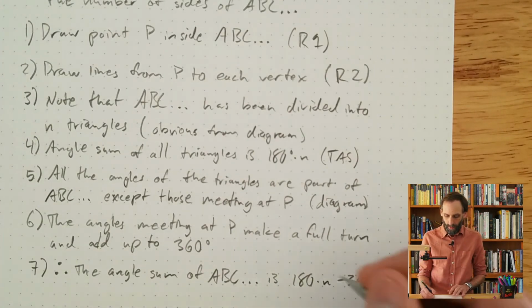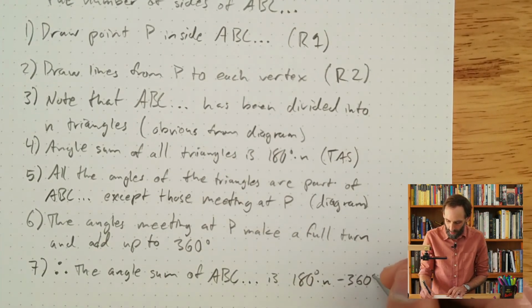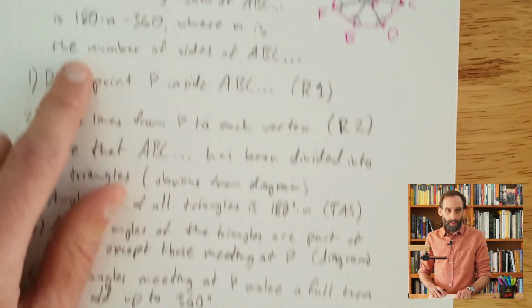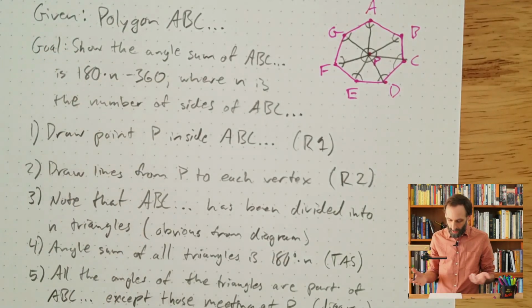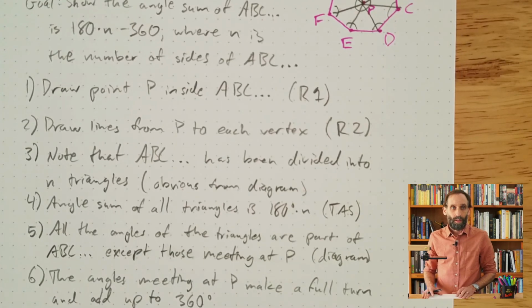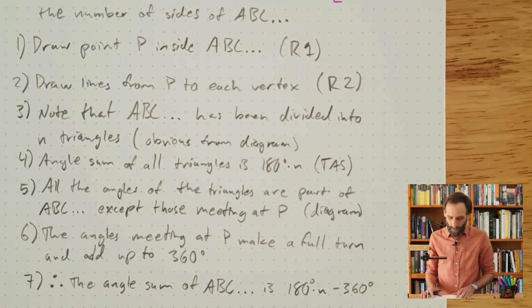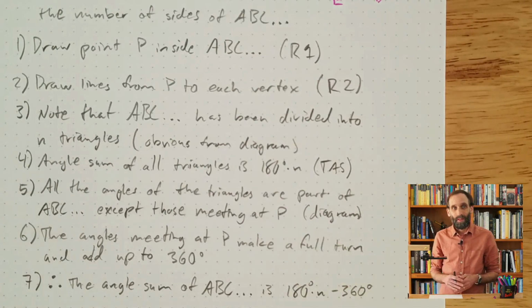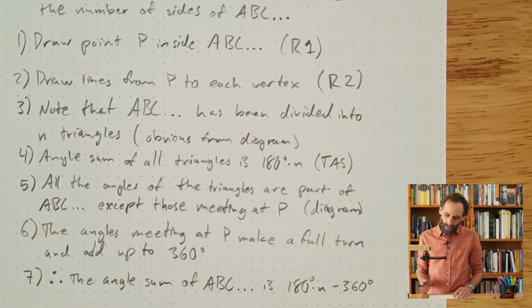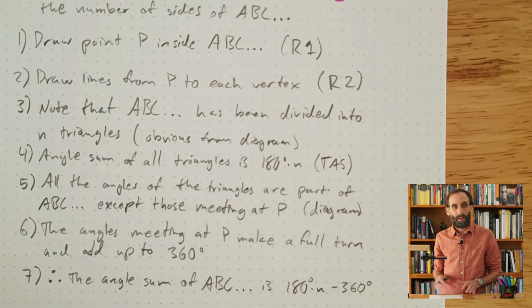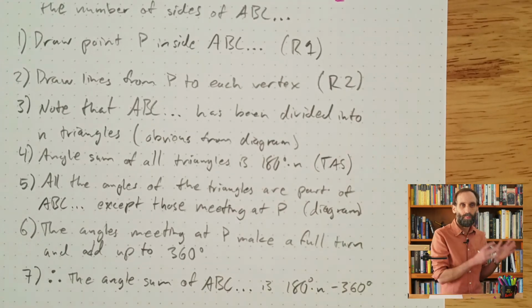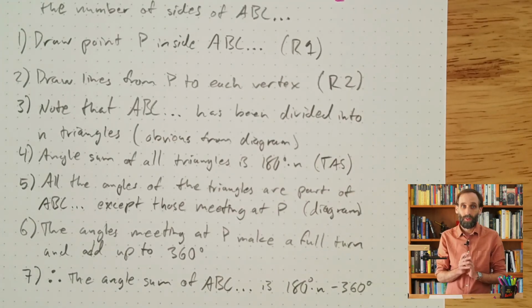Or I may put 180 degrees times n minus 360 degrees. Okay, which is the thing we were trying to prove. So we're done. Now, once again, the justifications might seem a little bit unclear, and that's just the nature of what's going on, in terms of we're moving into some different territory here than what we've been focusing on in the past 2 units.